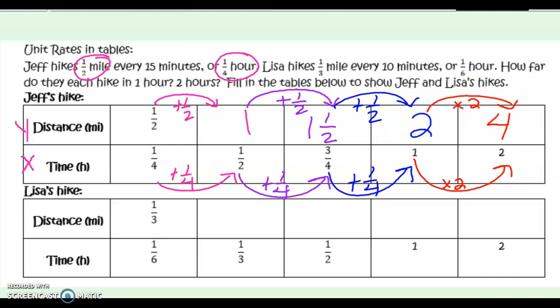Okay, now on the bottom one, we're actually going to find the unit rate and use that information to fill our table in. So let's just remember, this is our y and this is our x. And we know that because we always get miles per hour.